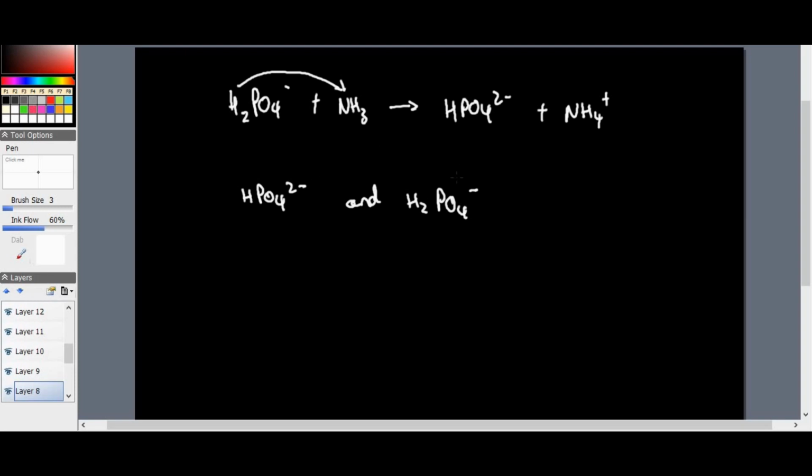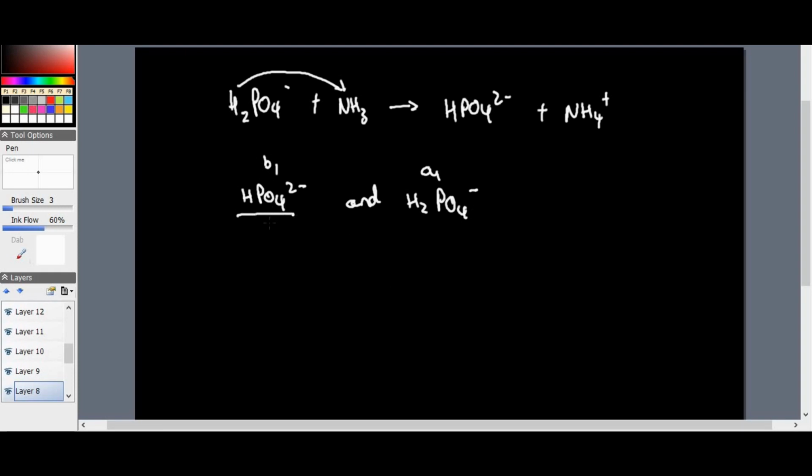This is the acid, so this would be your A1, and this would be your B1, because this is the substance that forms after the acid gave up a proton.